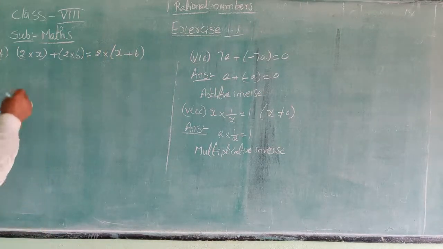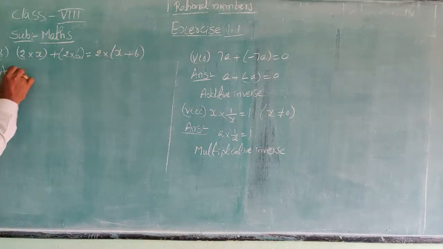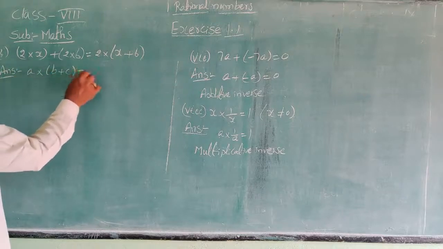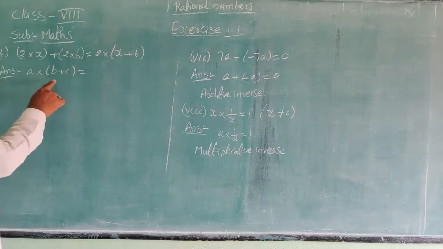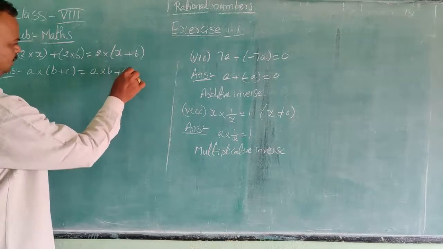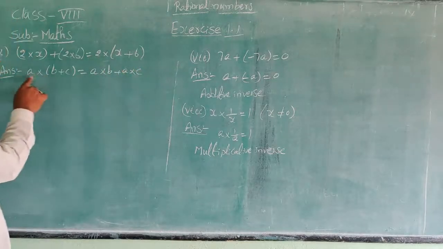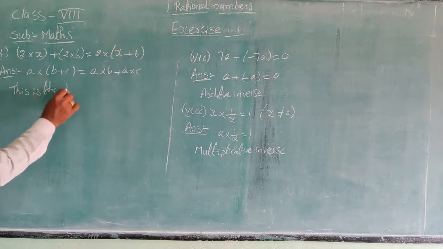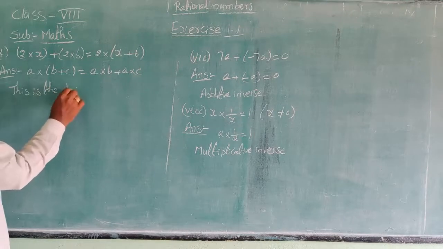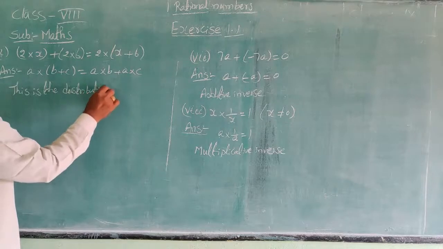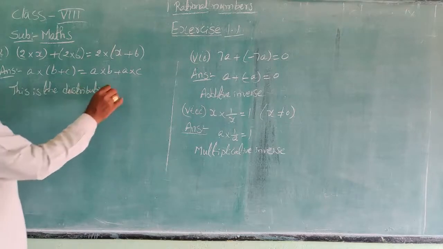This is in the form of a into b plus c is equal to a into b plus a into c. This is the distributive property.